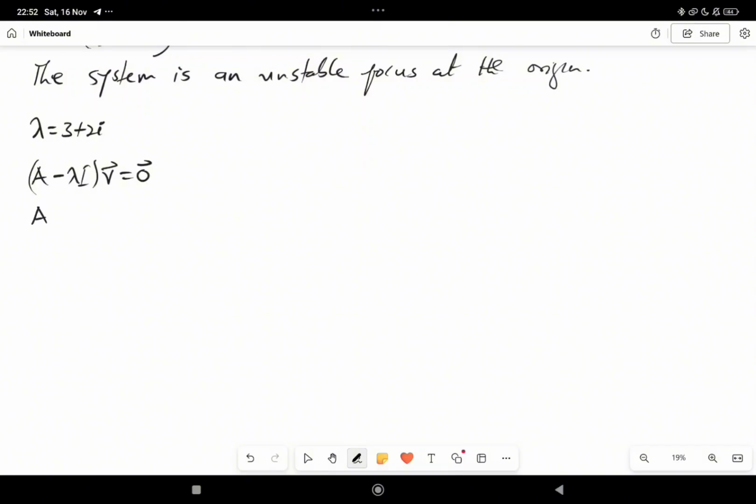So we have A minus our lambda, which is 3 plus 2i, times I, times v equals 0.